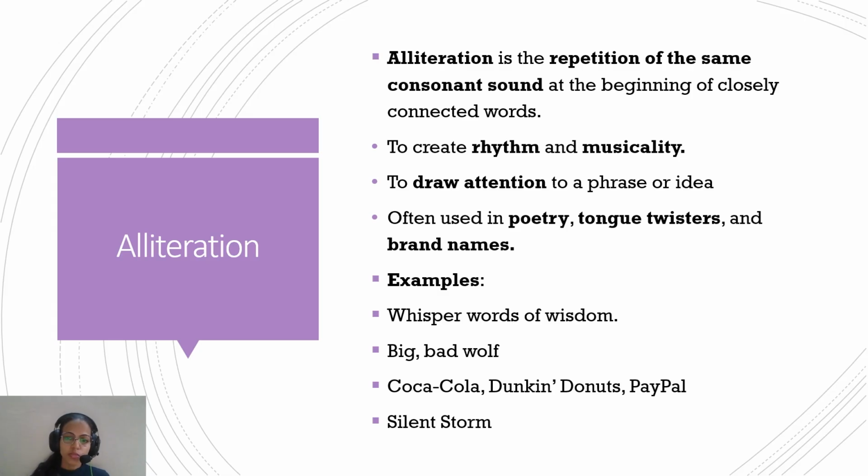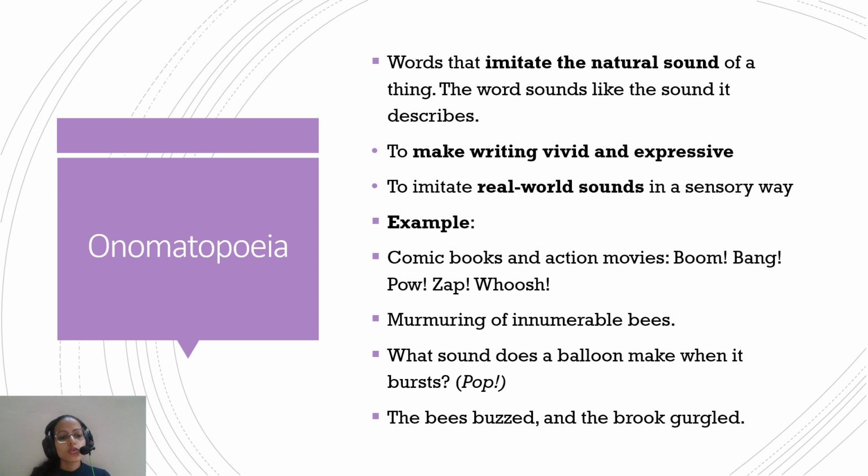So you see, all these brand names play upon the repeated use of the consonants. Similarly, Silent Storm. So all these are examples of alliteration. So the first letter is repeated to create a sense of rhythm and musicality, to draw attention to a phrase or idea. Okay. Now onomatopoeia.